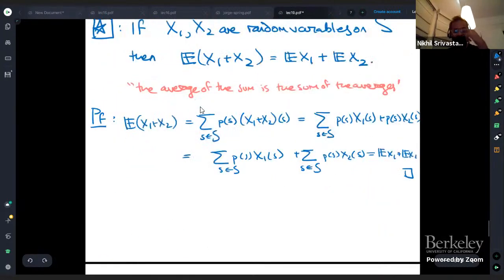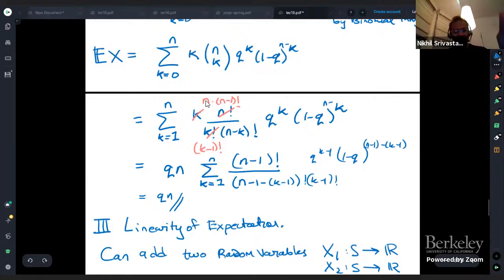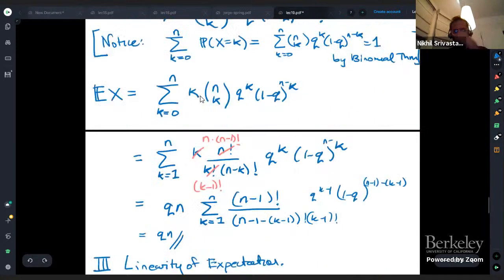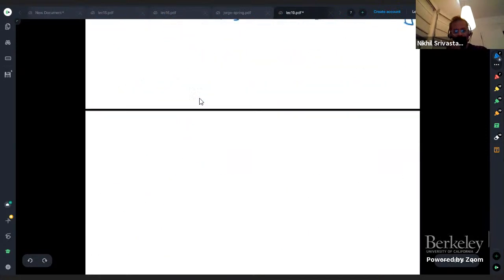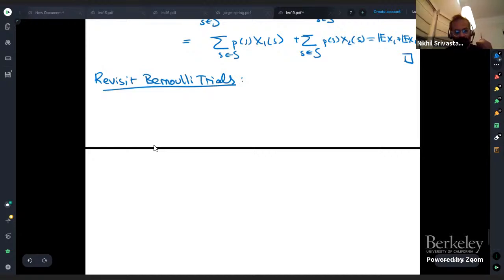Now, this is a very beautiful thing that can be used to solve many questions much more easily. So let's revisit our Bernoulli trials example. Remember, X is the number of heads.